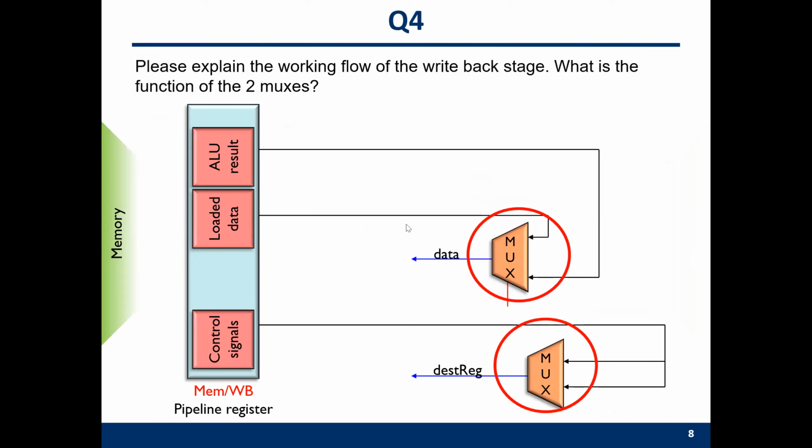Question 4 is about the write back stage. In the write back stage, there are two masks. The first one has as input the memory data and the ALU result.